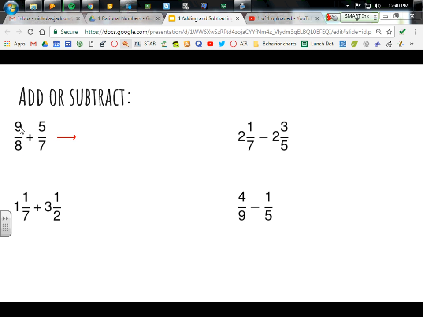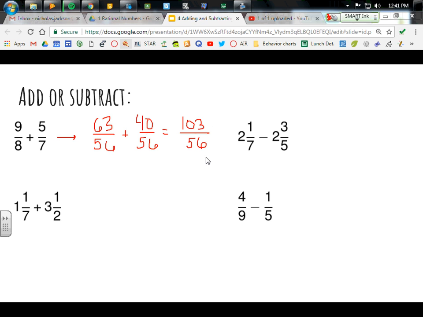So we're going to multiply 9/8 by 7/7, and we'll get 63/56. And 5/7 we're going to multiply by 8/8 to get 40/56. All right, so that comes out to 103/56.